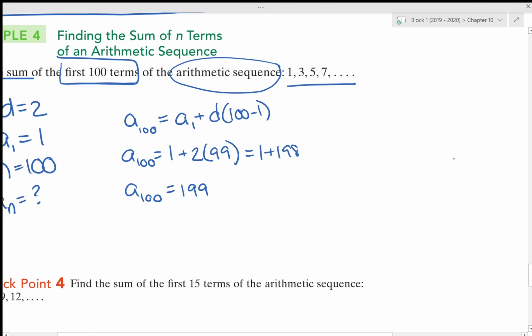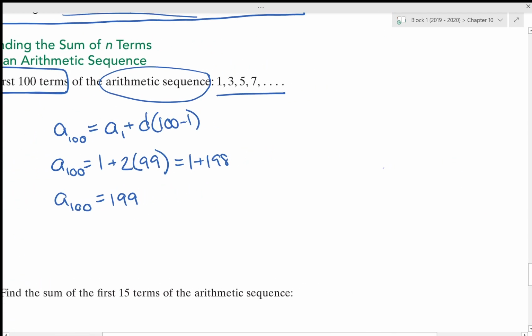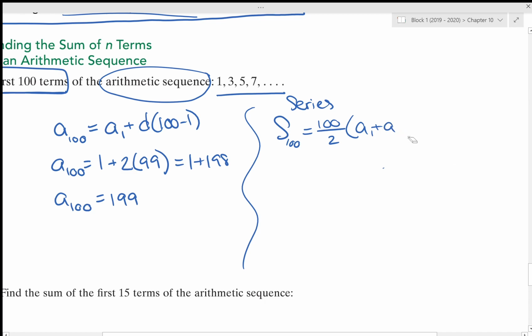Now that I have all my pieces, I can go on to the series part of it. When you see capital S, that means series, for sum. The sum of the first 100 terms is going to be 100 cut in half times the first term plus the last term.